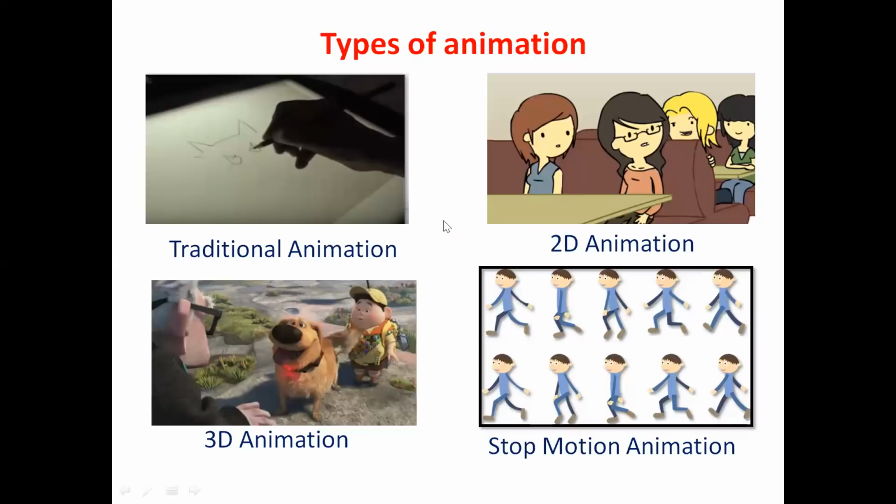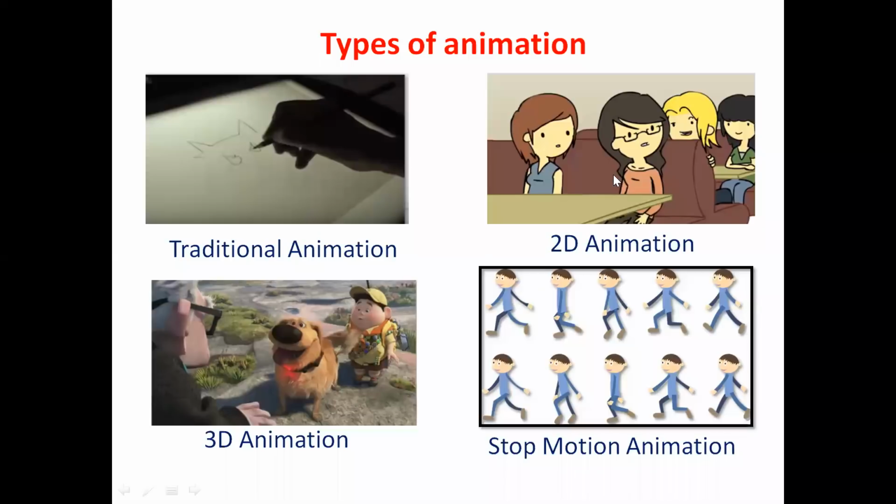In traditional animation, earlier they drew images inch by inch. For every frame they drew images and then took a photo, and after that they made it into a video. So this one is 2D animation.